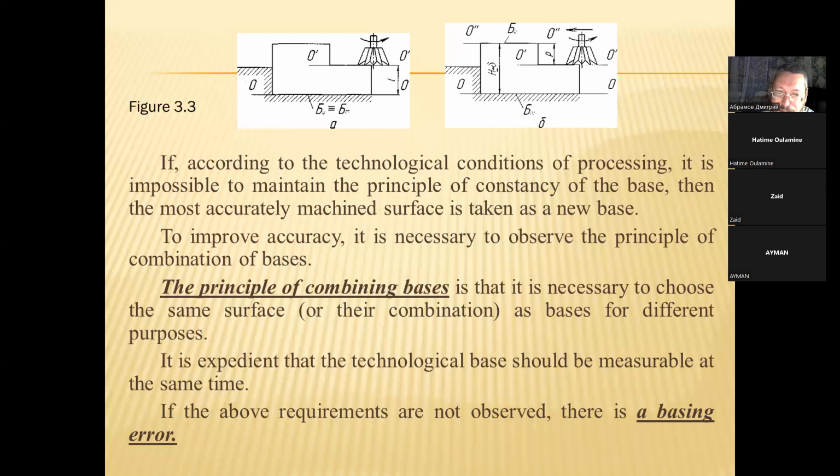It is expedient that the technological base should be measurable at the same time. If the above requirements are not observed, there is a basing error.